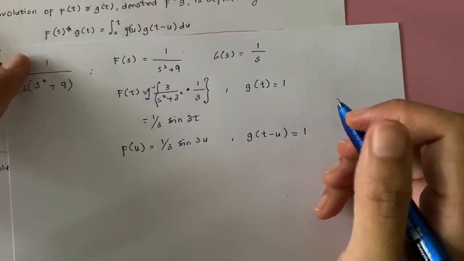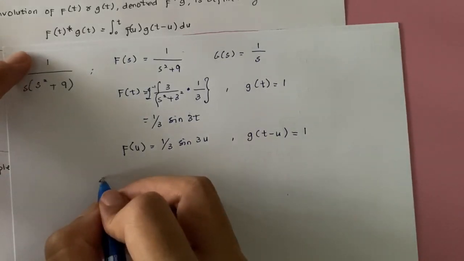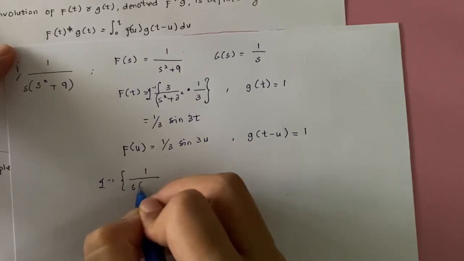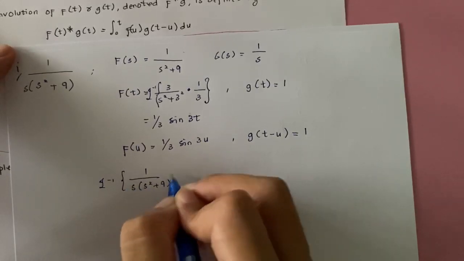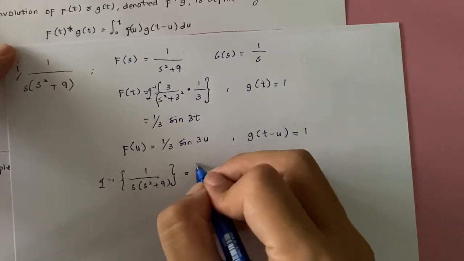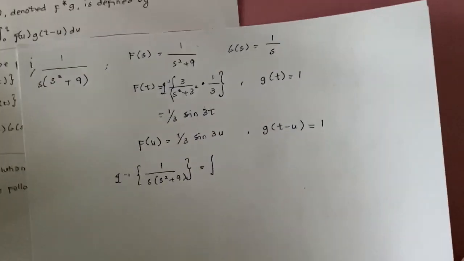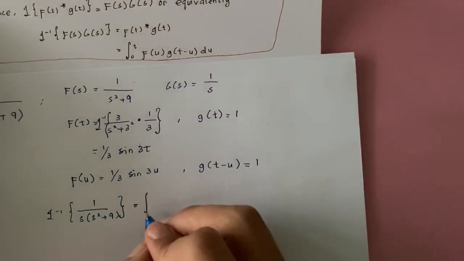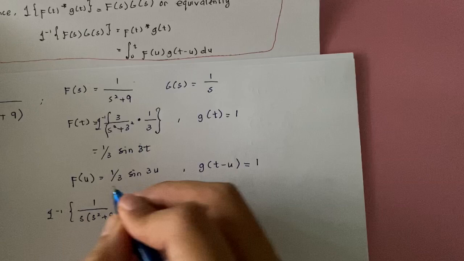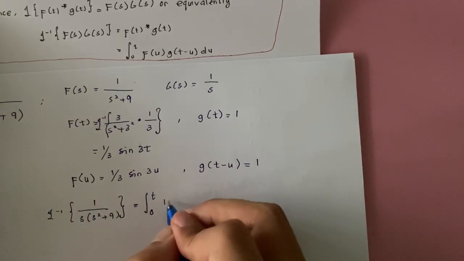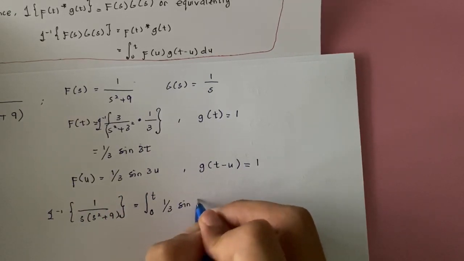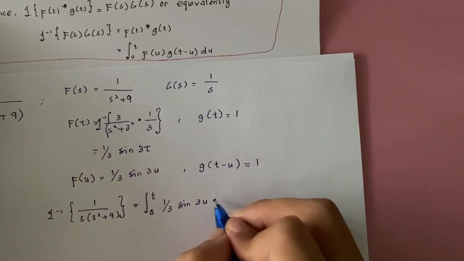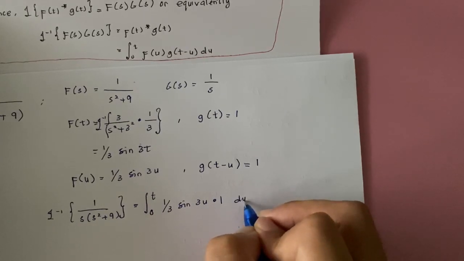And then the inverse Laplace of 1 over s squared plus 9 is equal to, applying the integration from 0 to t, substituting your f(u), 1 over 3 sine 3u, and then your g(t minus u), which is 1, then du.